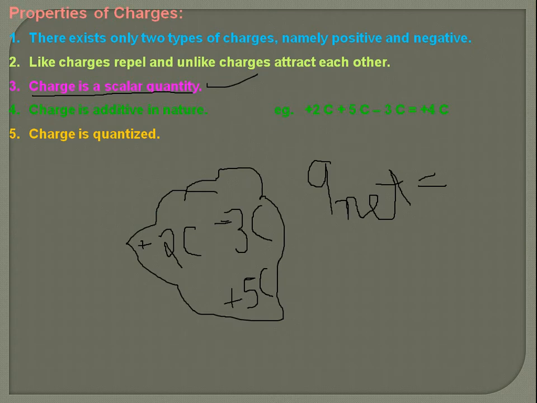The net charge will be 2 plus 5 is 7, 7 minus 3 is 4. So the net charge would be 4 coulomb. This is called additive nature. The charge present on any body is always additive in nature.